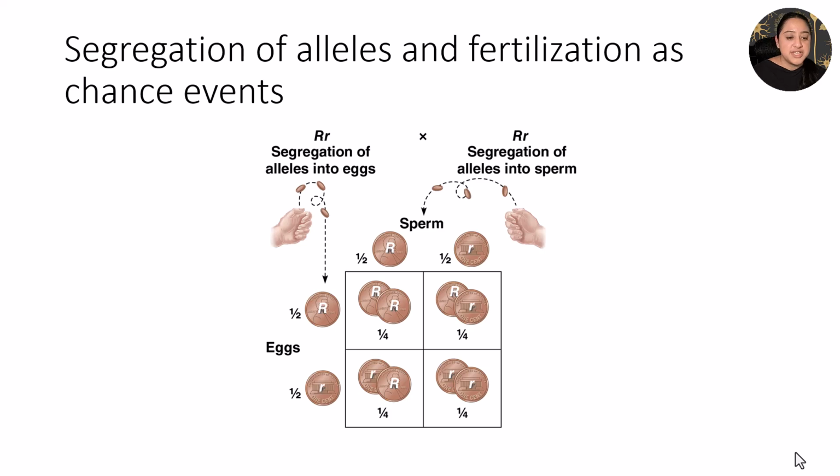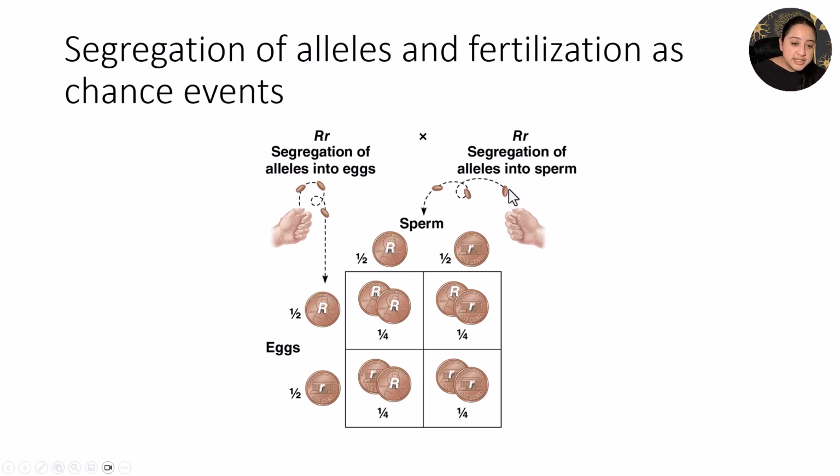Okay, so taking the multiplication rule. This is an example of segregation of alleles and fertilization as different chance events. Anytime that you flip a coin, it could either be heads or tails. The chance it'll be heads is 1 out of 2. And the chance it'll be tails is 1 out of 2.